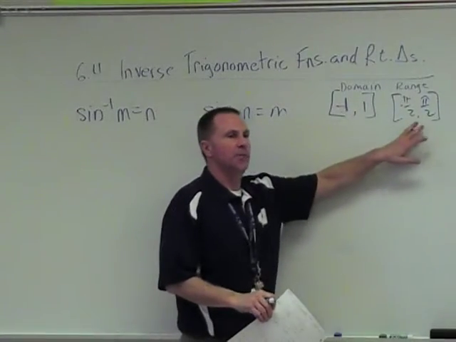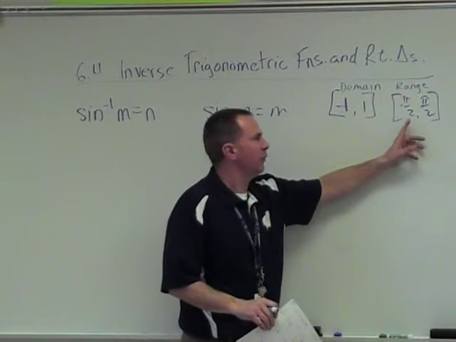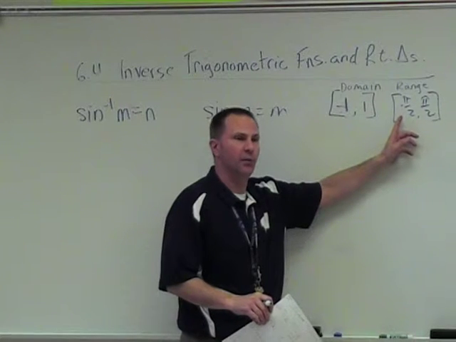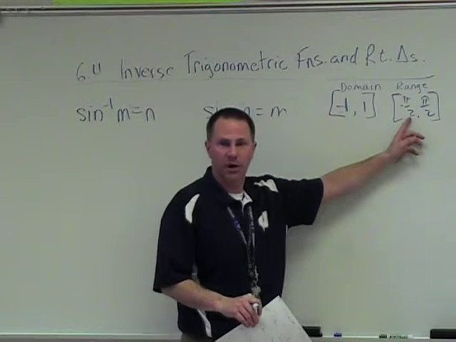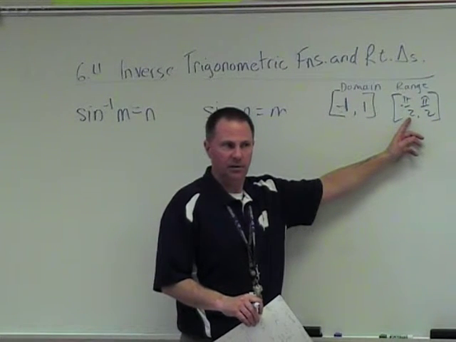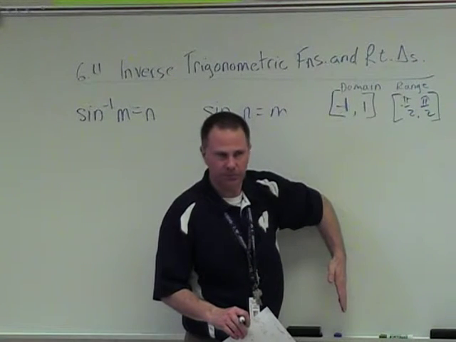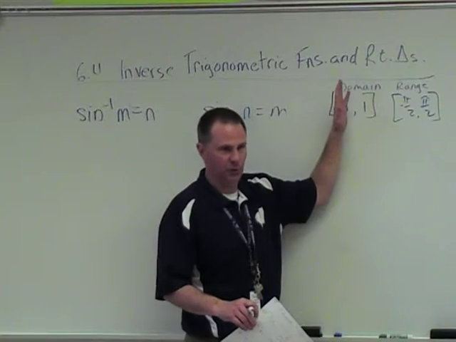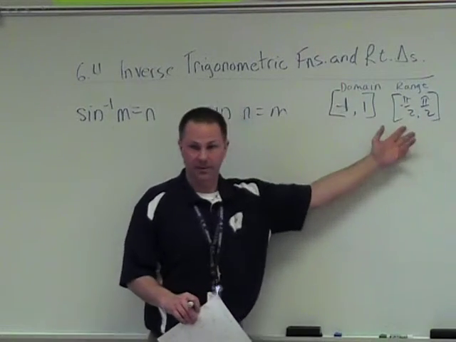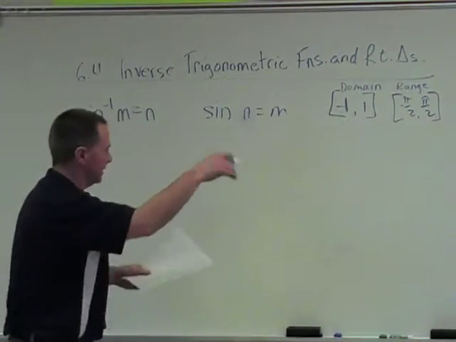Meaning, my values that I'm looking for are in the fourth quadrant and the first quadrant. Negative pi over 2 is down to 270 degrees. Fourth quadrant into the first quadrant. That's what that means. All right, that's key for later on.